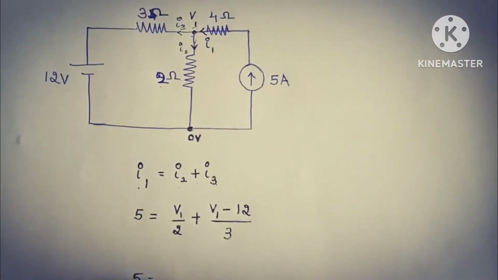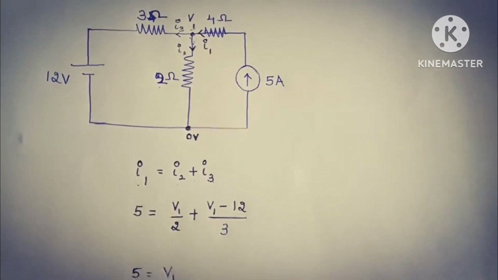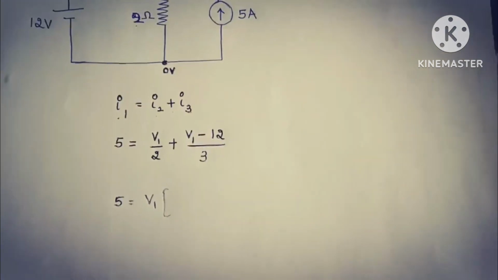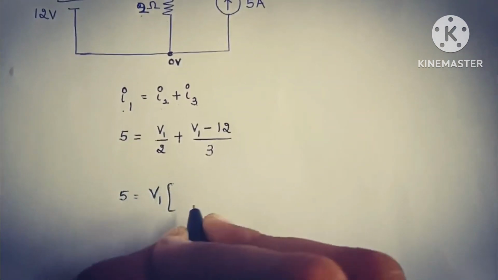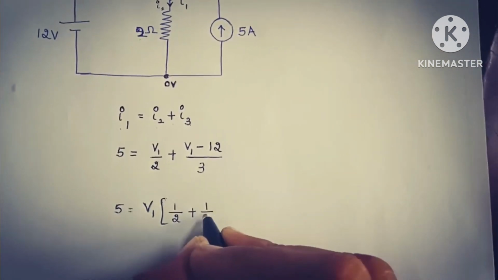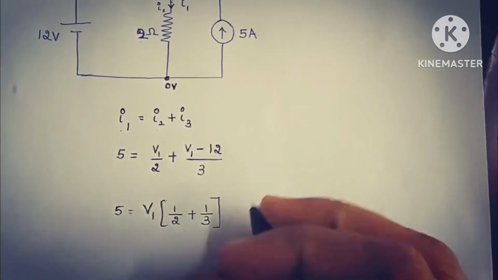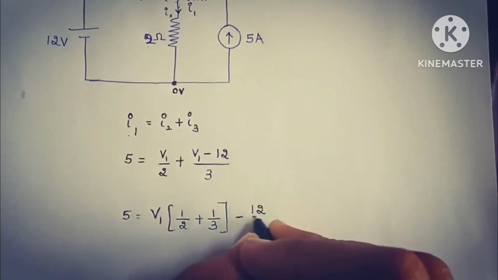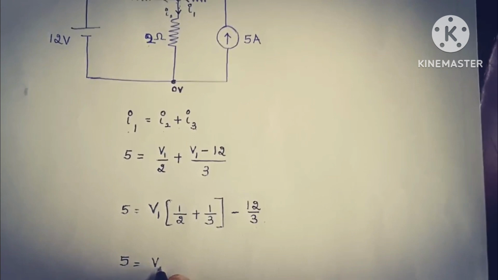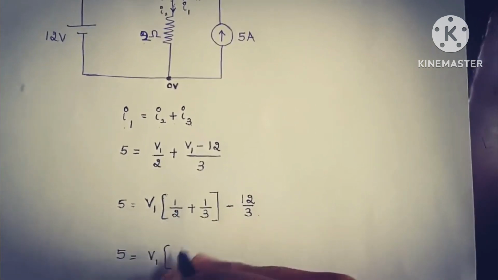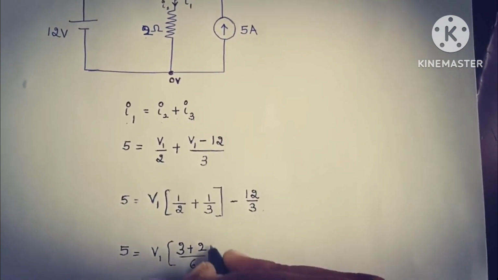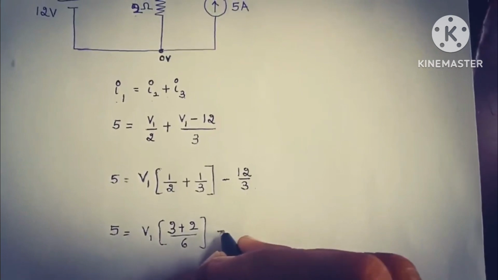So 5 is equal to, if we take V1 as common, we can write this equation as V1 into (1 by 2 plus 1 by 3), close the bracket, minus 12 by 3. So 5 is equal to V1 into, when we take the LCM, (3 plus 2) by 6, minus 4.